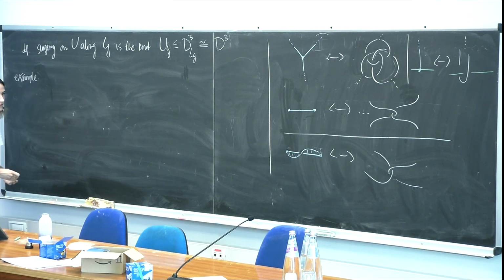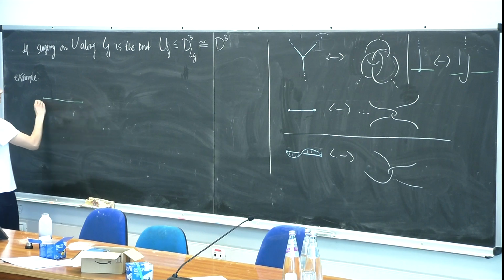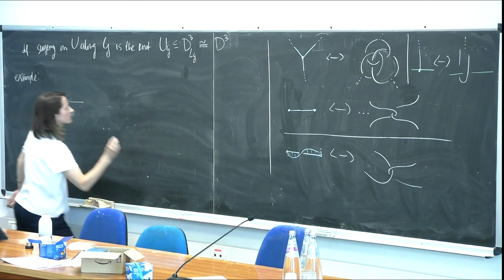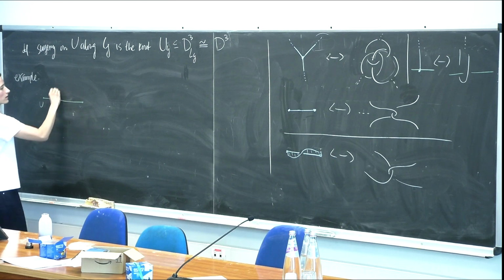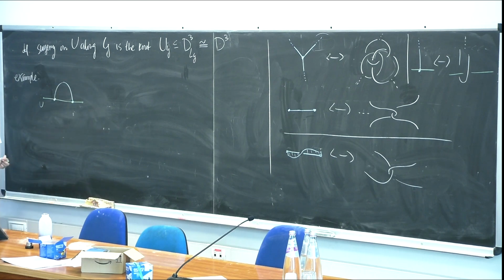So let's do the first example. Here is my U, and I just have one chord. This is also allowed, no trivial vertices, and this is degree 1. It has 1 leaf. This is 0, 1, and I'm using the blackboard framing here.